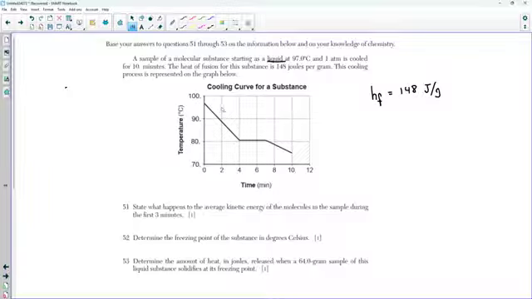So right here, you're dealing with a liquid, and it's being cooled down for 10 minutes. Notice that if we're going down and we're starting with a liquid, we're going to end with a solid. So this process here must be the process in which liquid becomes solid.